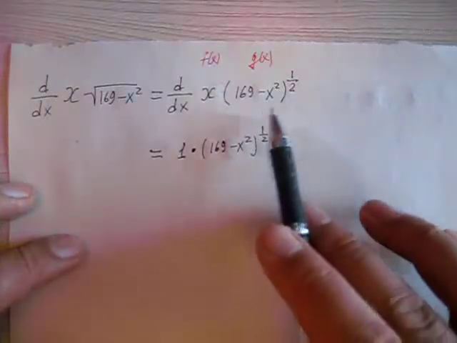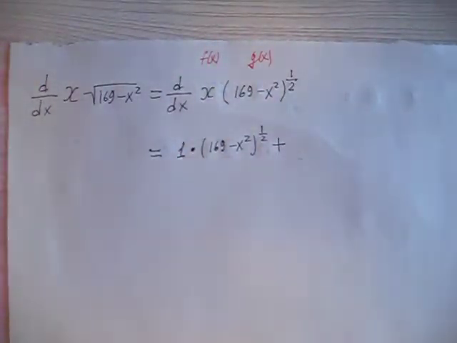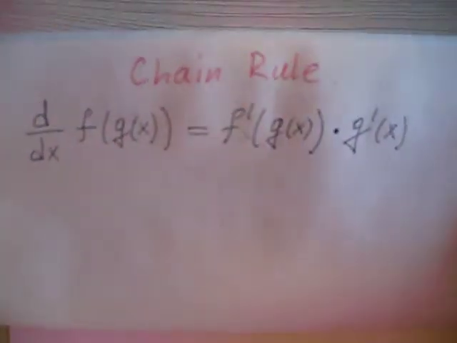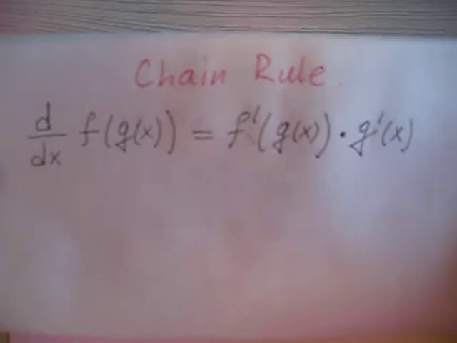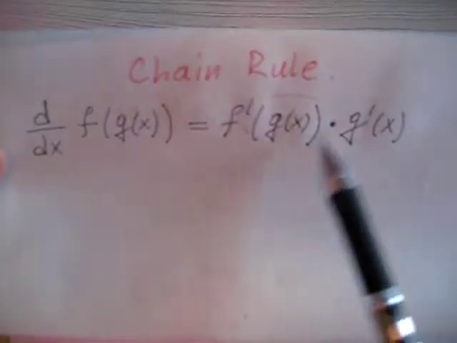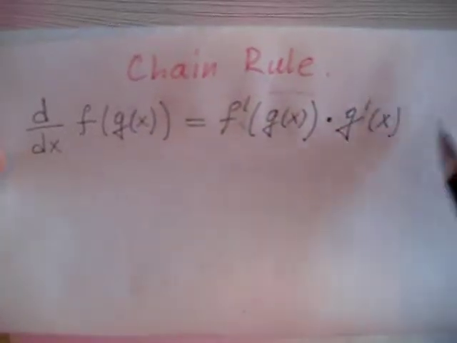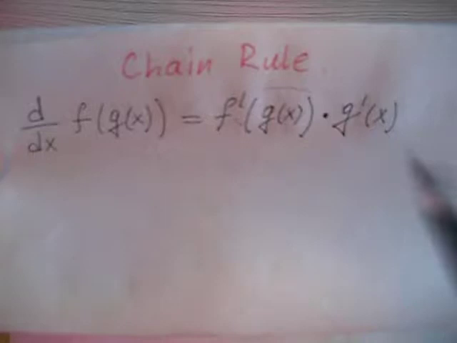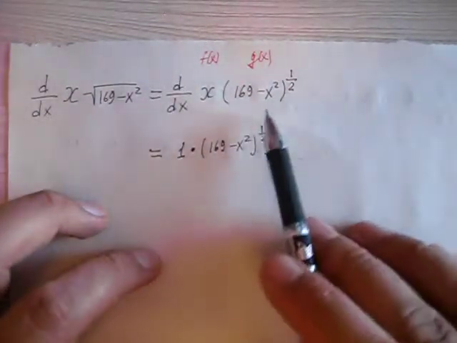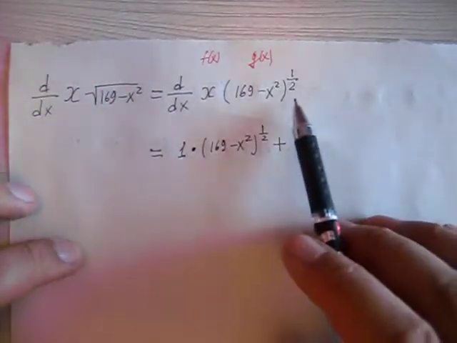Okay, when we use the chain rule, we will use this formula. d/dx of f(g(x)) equals the derivative of the outer function with respect to the inner function, times the derivative of the inner function with respect to x. So let's get started finding g prime of x. We need to start with the outer function.